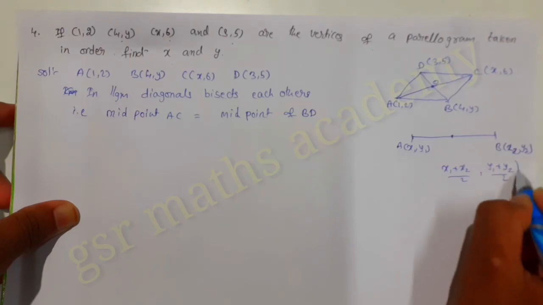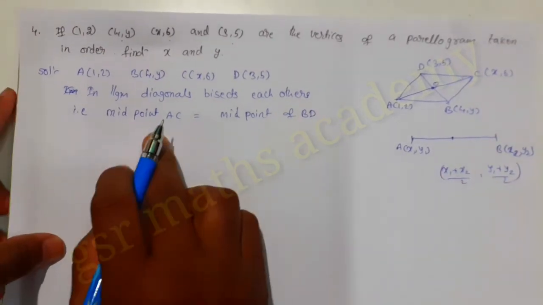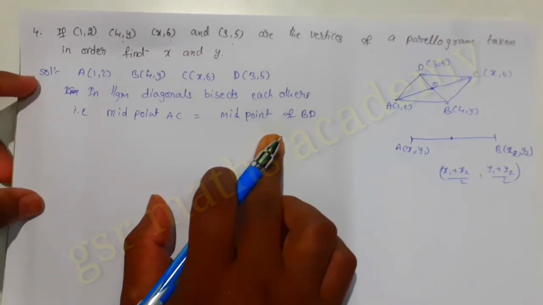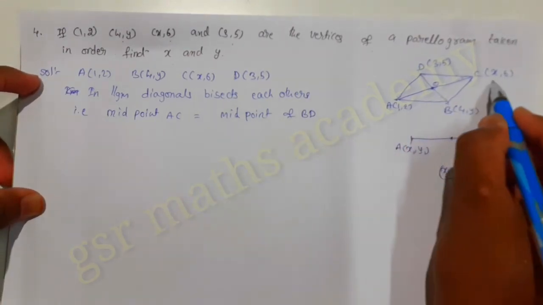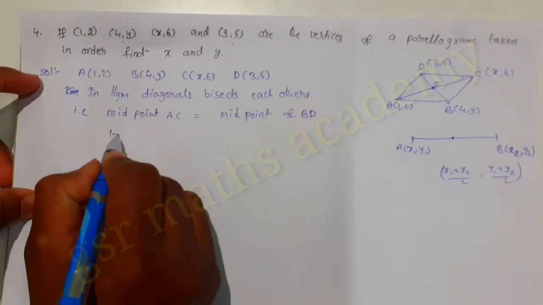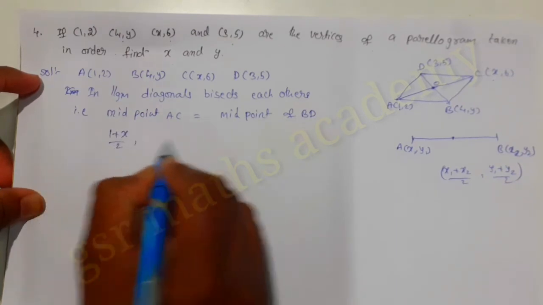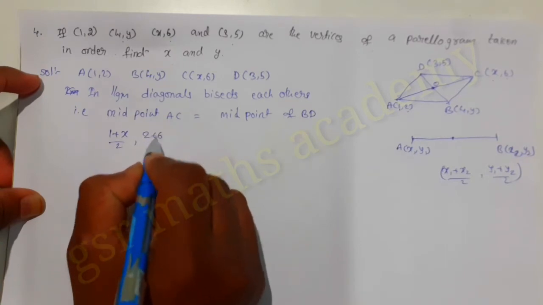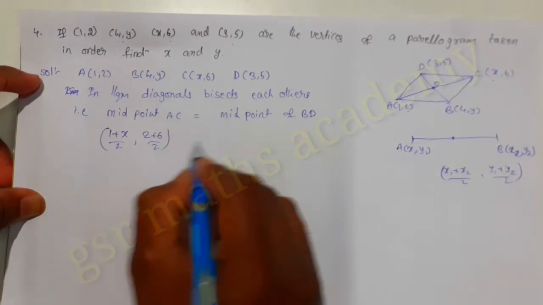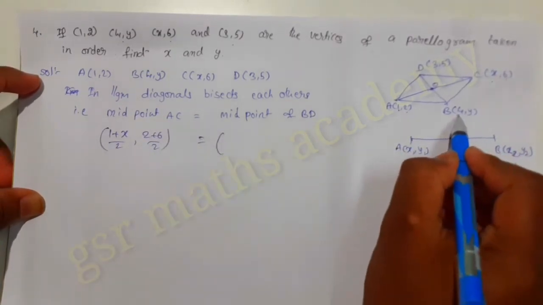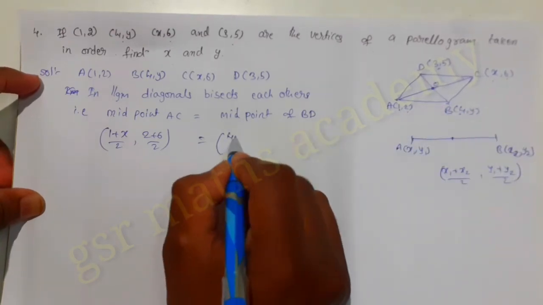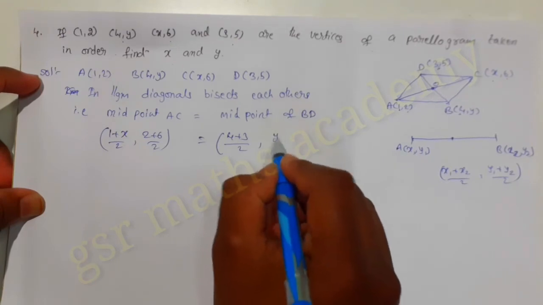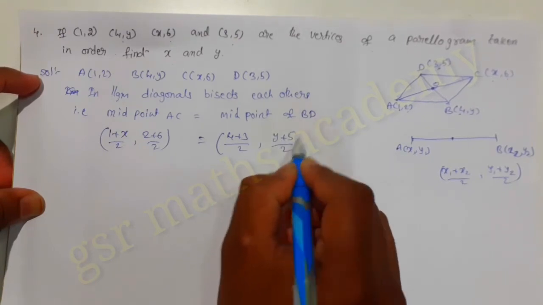By using this formula we can find the midpoints of AC and BD. The midpoint of AC is (1 plus x) by 2, (2 plus 6) by 2, which is equal to the midpoint of BD, (4 plus 3) by 2 and (y plus 5) by 2.